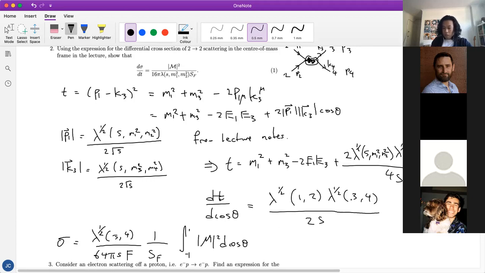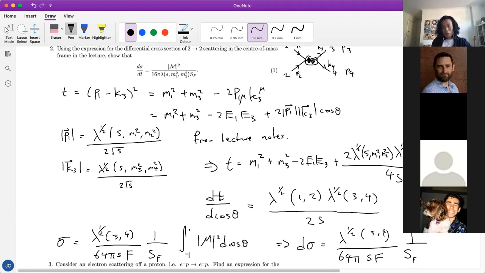Okay, so now we have a d cos theta. You can rearrange this to be d cos theta equal to this whole thing times dt, and we're going to sub it into this d cos theta here. So we get d sigma is equal to lambda half 3, 4 divided by 64 pi SF, 1 over SF.